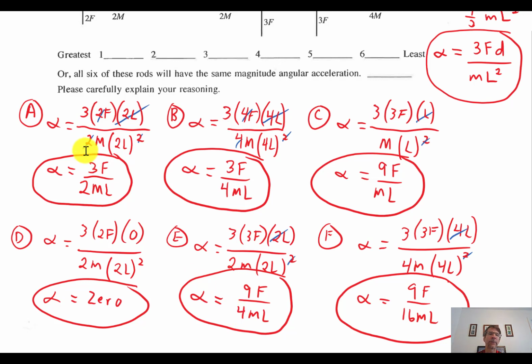Then A would be in third place with a 1.5. And then B would be in fourth place with 0.75 as the factor. Then F, which is whatever 9 over 16 is, a smaller number than 0.75. And then last place would be D, no acceleration. And that's the ranking.